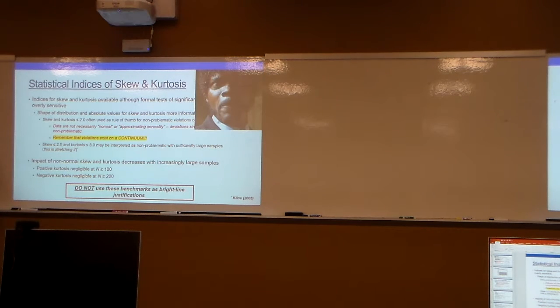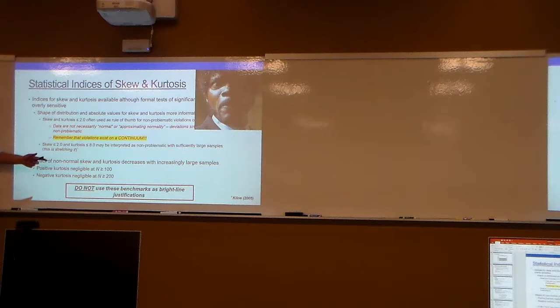Again, think about bright line benchmarks. As we start to get larger and larger samples, we get less and less concerned about kurtosis. Remember, our primary concern with kurtosis is underestimation of the population variance.